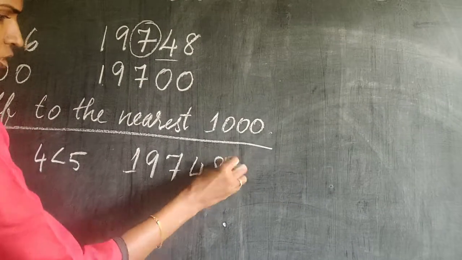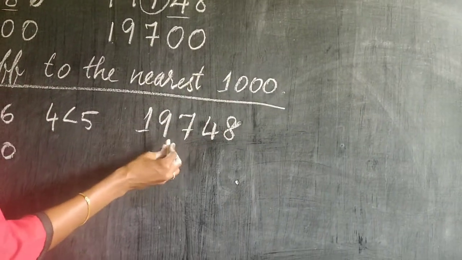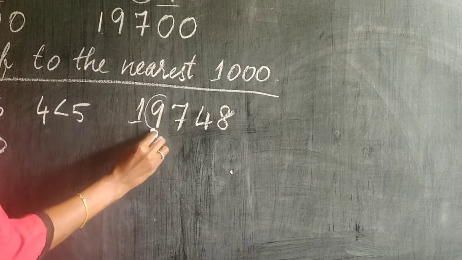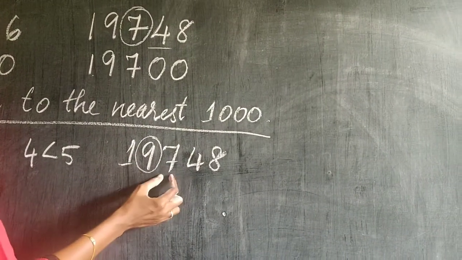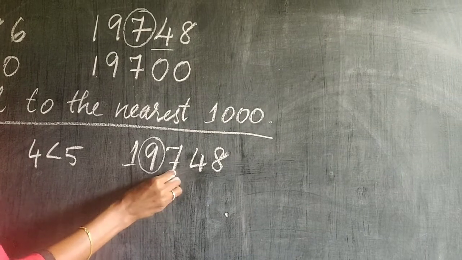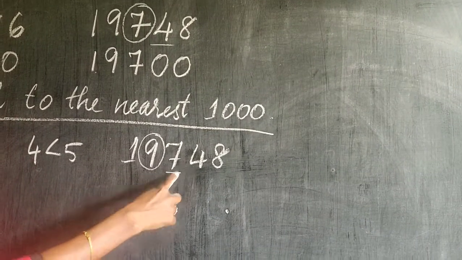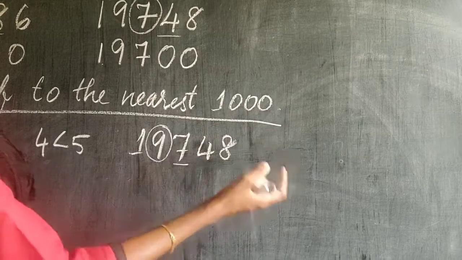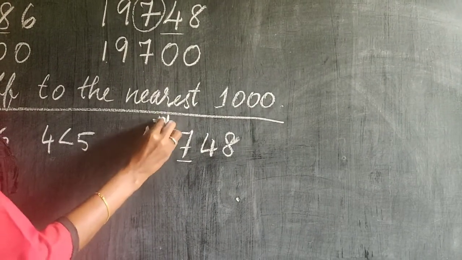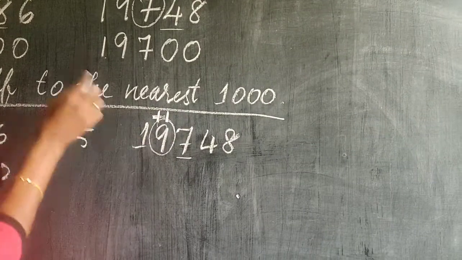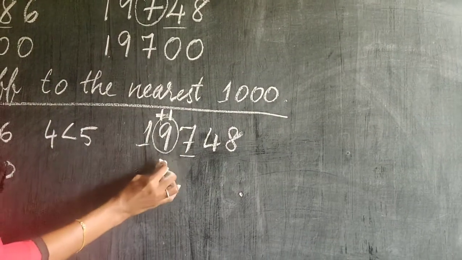To round off to the nearest 1000, we have to look at the number in the thousands place, and then at the next number on the right side. Here it is 7, and 7 is bigger than 5. If it is 5 or more than 5, then we have to add 1 here. 9 plus 1 is 10.